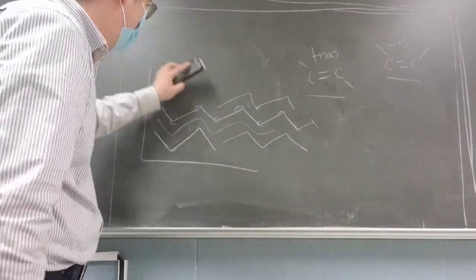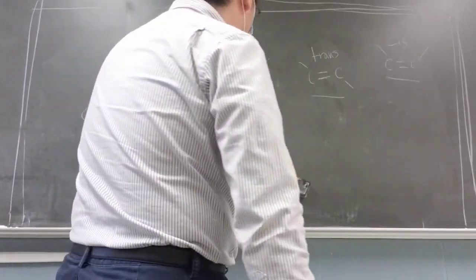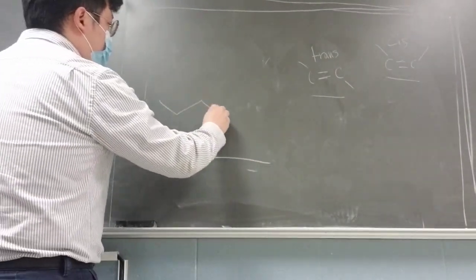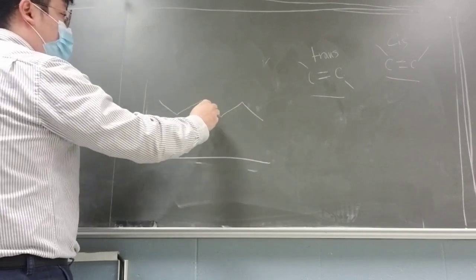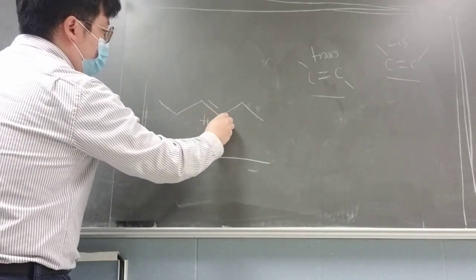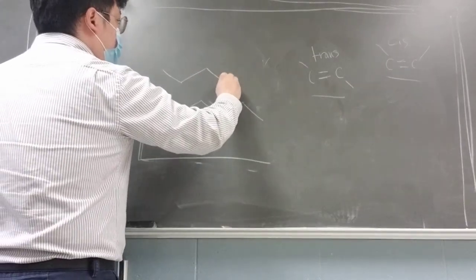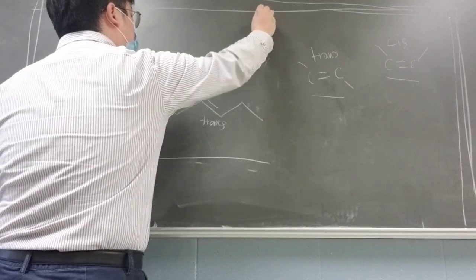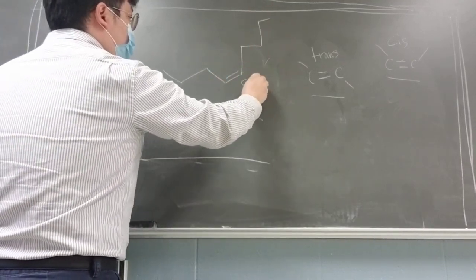But, like I said, if you have a double bond in the organic compound structure of the fat, maybe you have this one, which is a trans. This one is a cis. Okay?